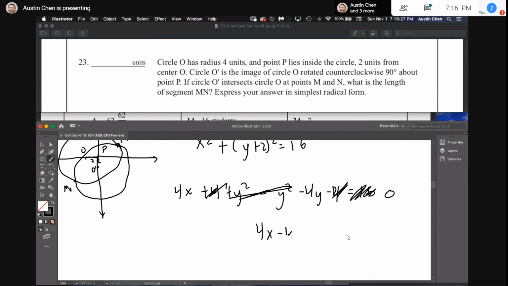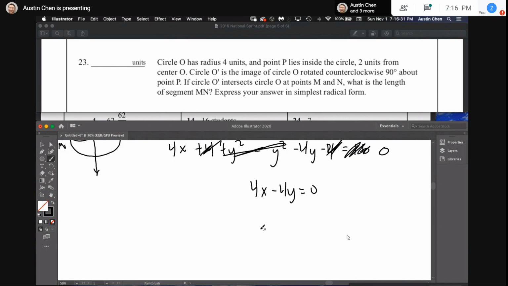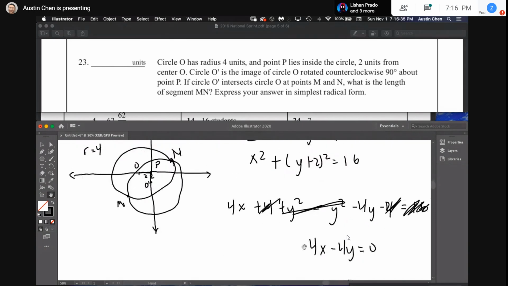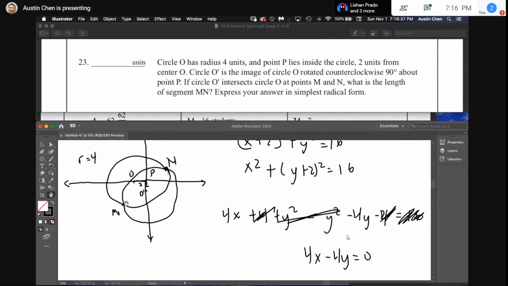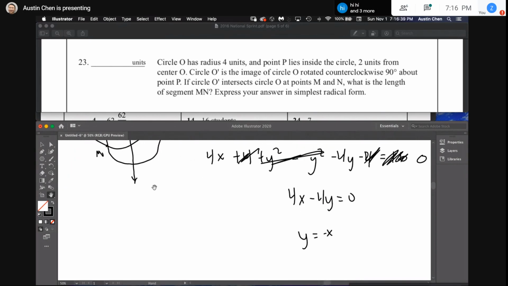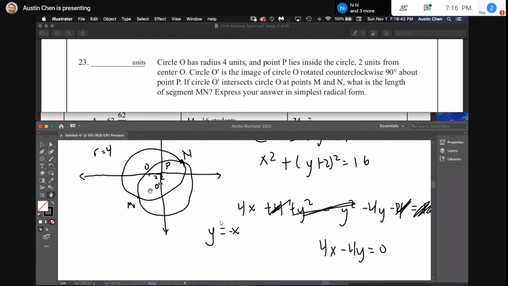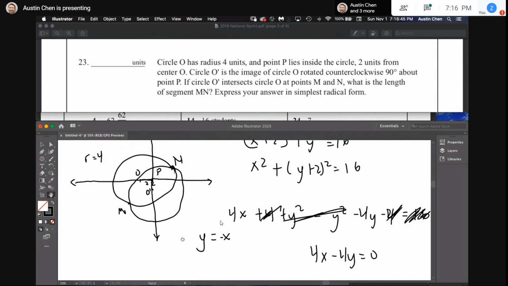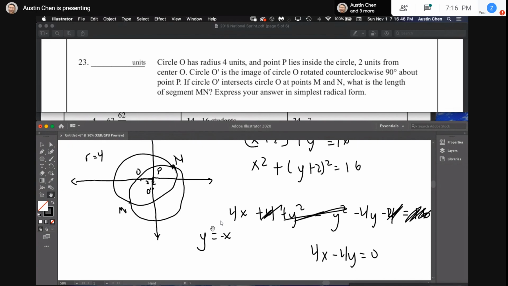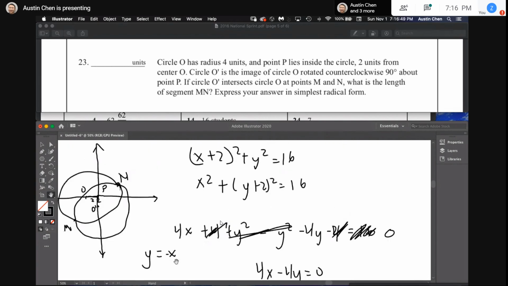So then we have 4x minus 4y equals 0. So this is just y equals negative x. So this tells us that the intersections are on y equals negative x, and this makes sense, right? Because of symmetry.